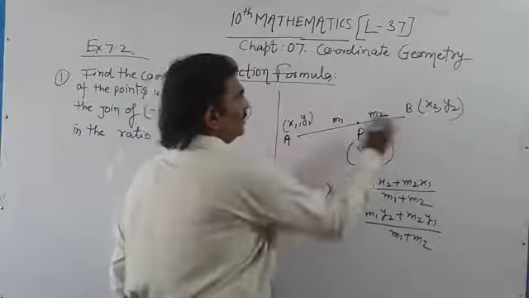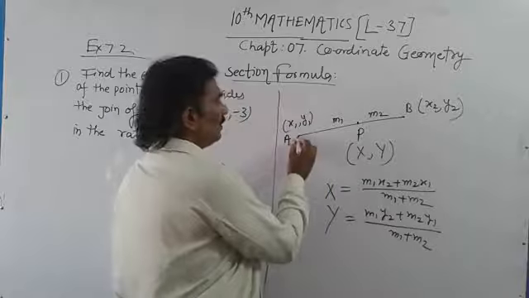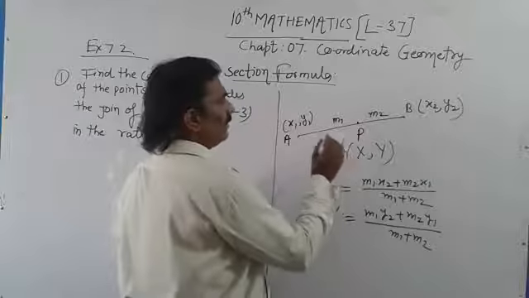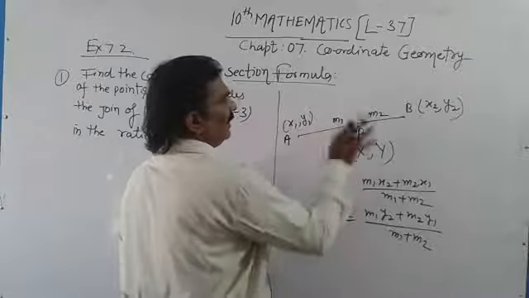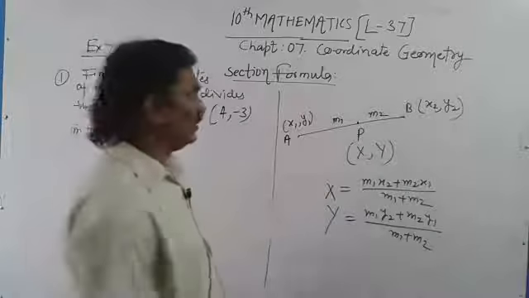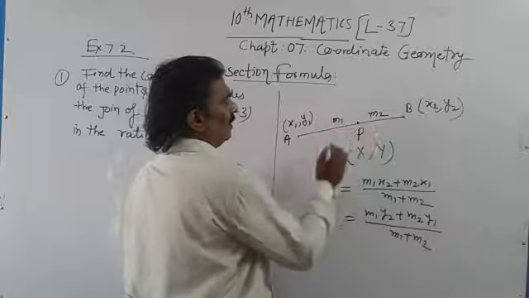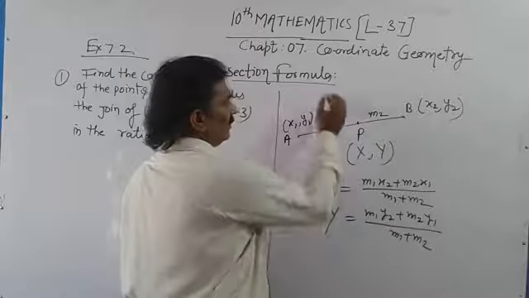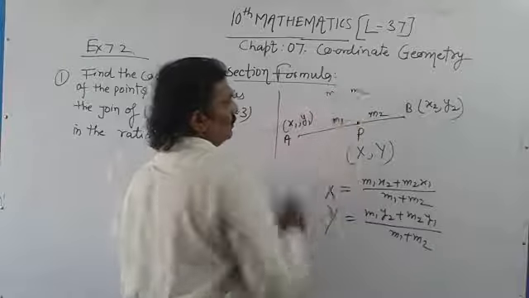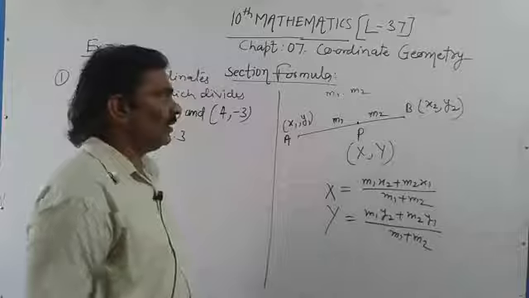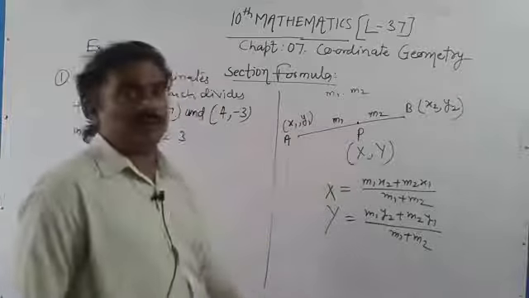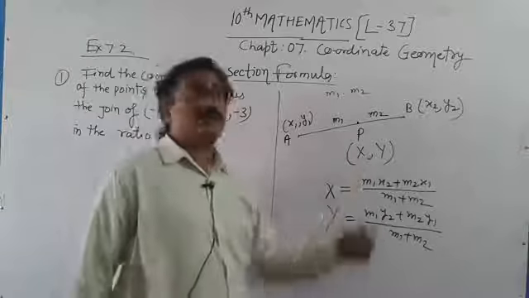Suppose A and B is a line segment, point A is (x1, y1), point B is (x2, y2), these are the coordinates, and one point P is between A and B, somewhere between A and B, just think about that. P is here and point P divides this line segment AB in the ratio m1 to m2. So these are the ratio. Now we want to find the coordinates of point P, capital X and capital Y, the abscissa and ordinate of point P.